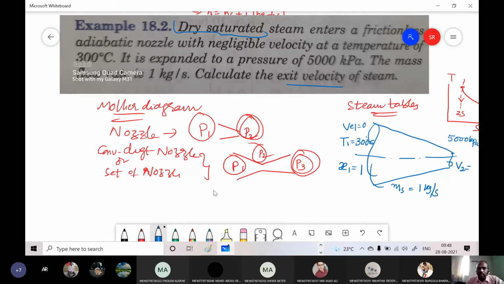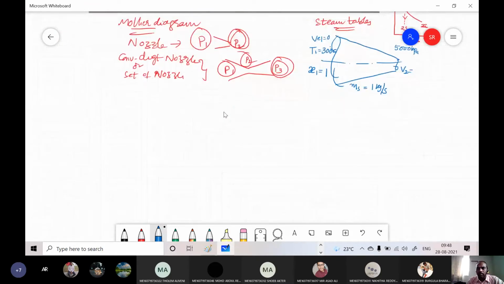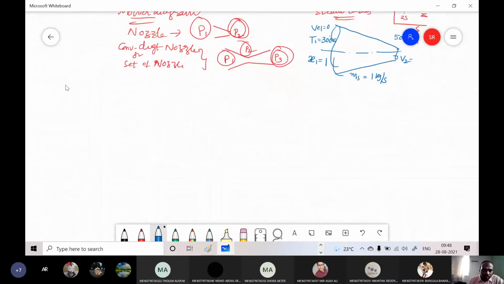First let me convert the kilopascal into bar. As we know, 1 bar is equal to 1 into 10 power 5 pascal, and 1 pascal is Newton per meter square.